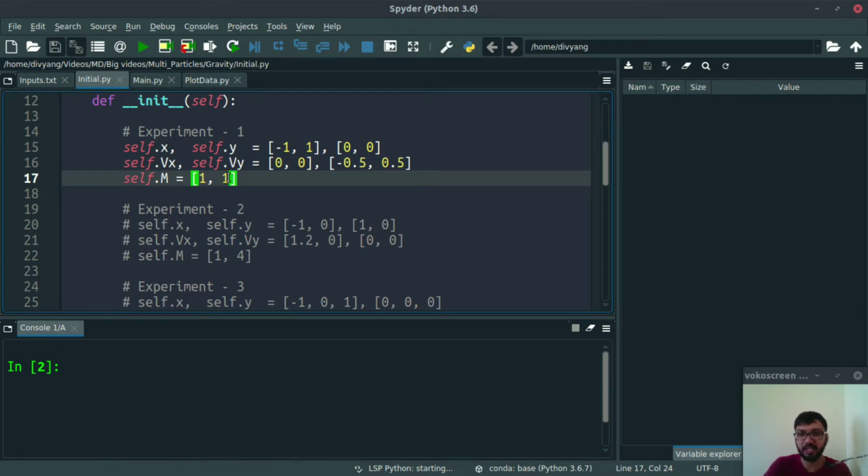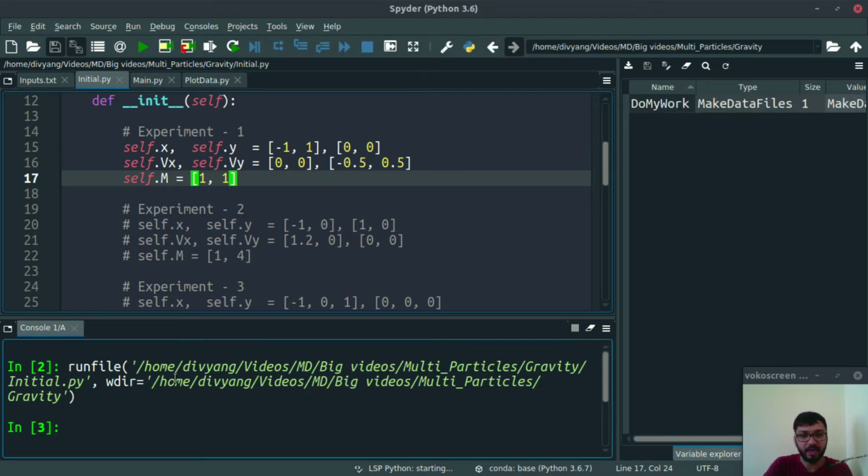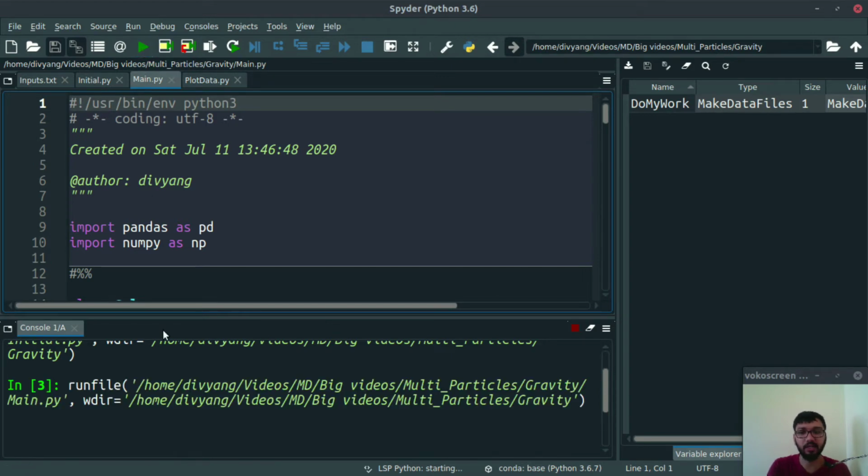As you can see, they both have identical masses. So let's initialize our problem. Okay, so we have initialized our problem. Let's now run our main program, main.py. This will simulate our problem and generate the text file.